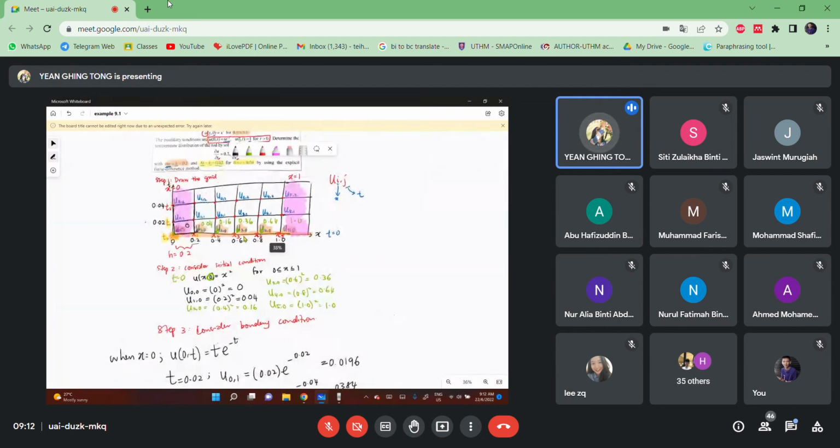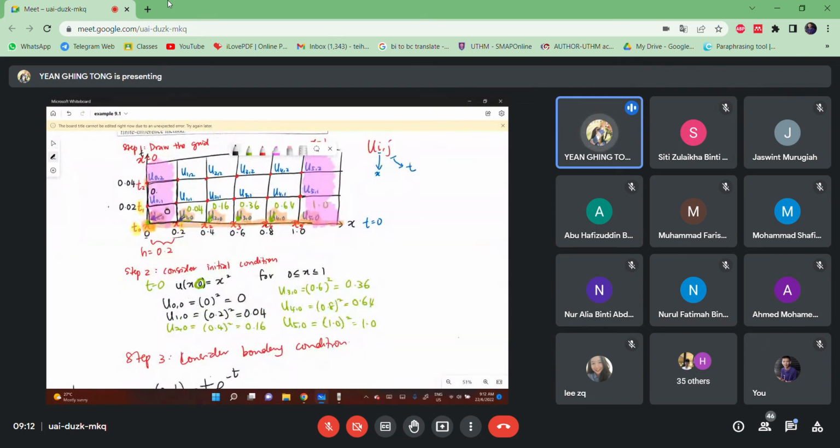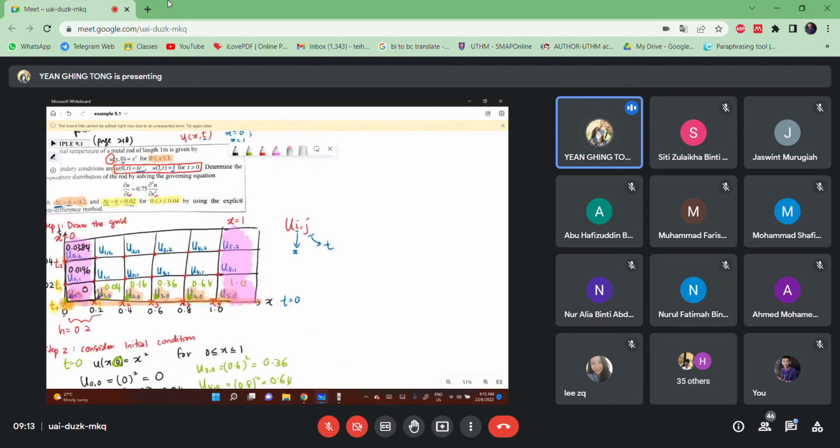So we already get this one is 0.0196 and this one is 0.0384. Okay, so far okay, class? Then we have to find the other boundary when x is 1. I calculate over here so that we can see.